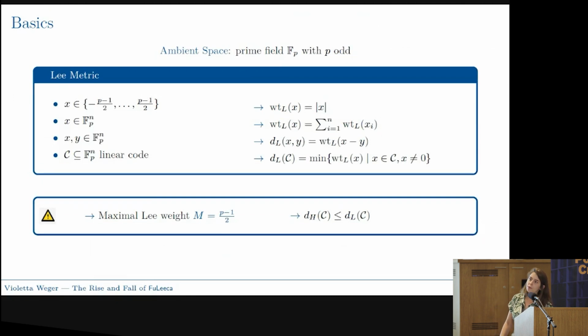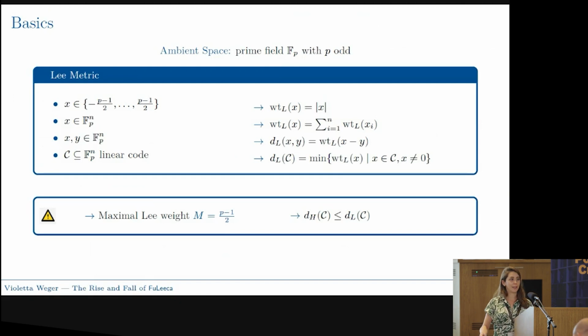Now, as a first choice for FuLeeca, we don't choose any integer residue ring, but we choose our modulo m to be an odd prime. This way, we can make use of easy arithmetic over prime fields. So now I can also speak about vectors instead of tuples. If you consider a vector, then the Lie weight is defined additively. You just sum up the Lie weight of all its entries.